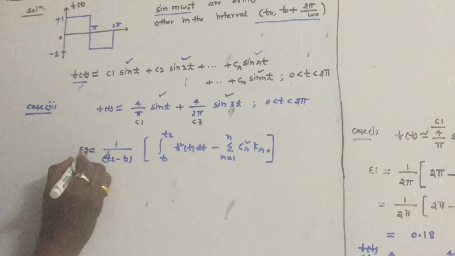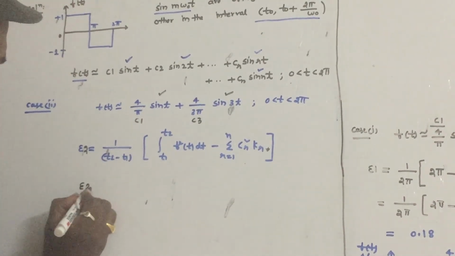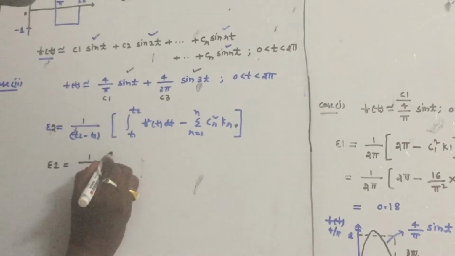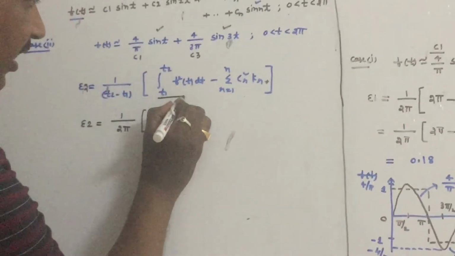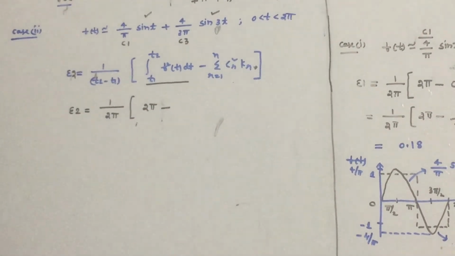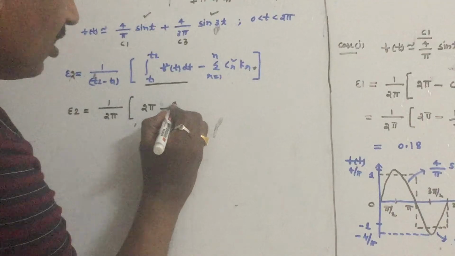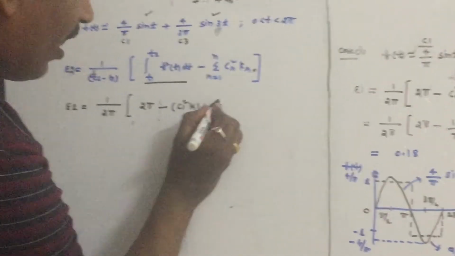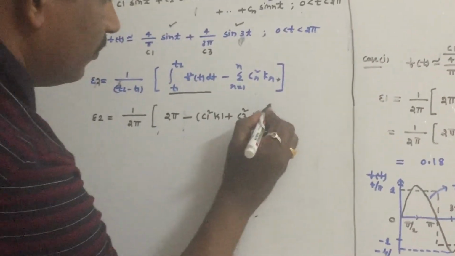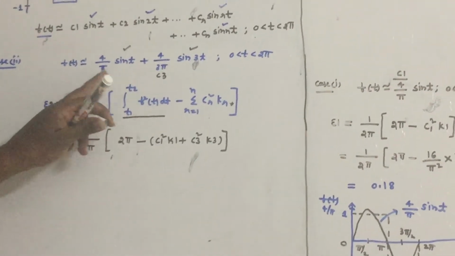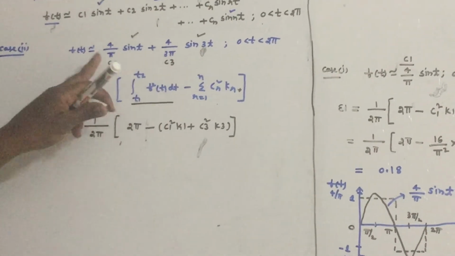Now let us find this error epsilon 2. So epsilon 2 is equal to 1 by t2 minus t1. What is t2 minus t1? It is 2 pi. The integral we have already calculated as 2 pi. Now this one is C1 square K1 plus C3 square K3. We have to take two terms because the signal is approximated with two coefficients.